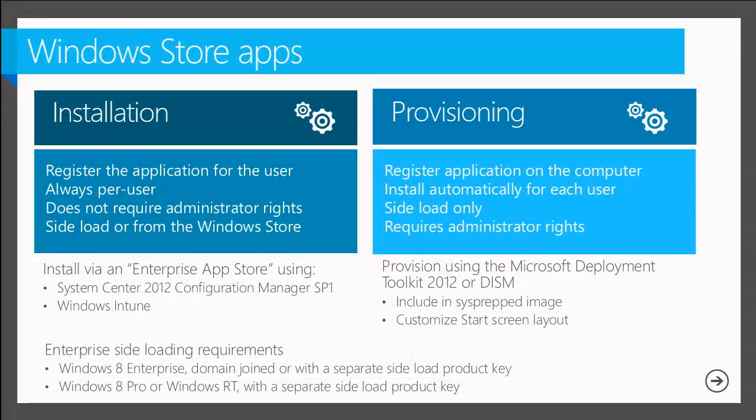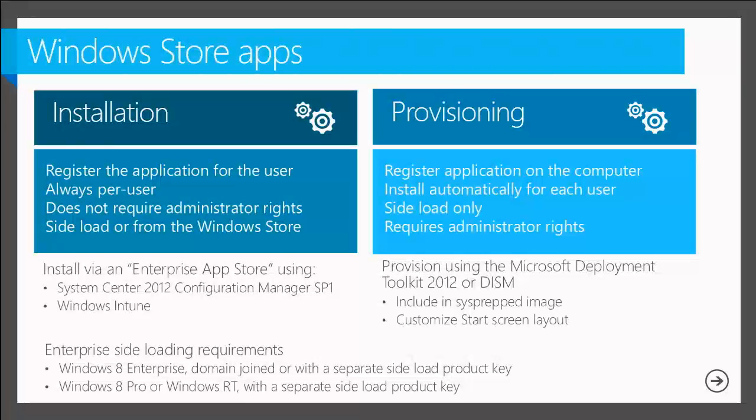You have to enable side loading either by having Windows 8 Enterprise domain joined or a sideload product key installed and activated. These keys install and activate like a MAK key. So if you're familiar with Windows 7 and Windows 8 volume activation, the key has to be installed and activated over the internet to Microsoft.